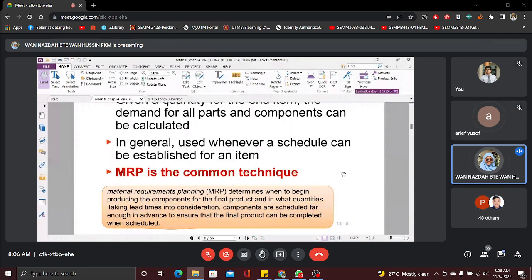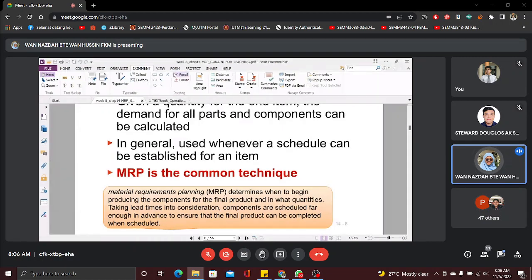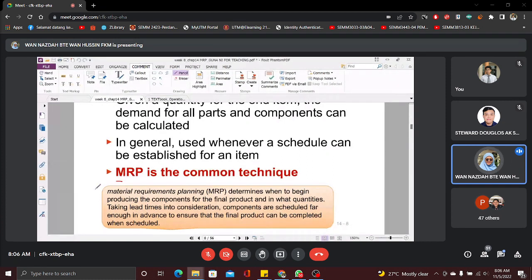Okay. Alright, I want you to write down, okay, this is considered the definition of the MRP. I want you to write it down because I want you to make sure you know that MRP determines when to begin producing the components and what quantity.